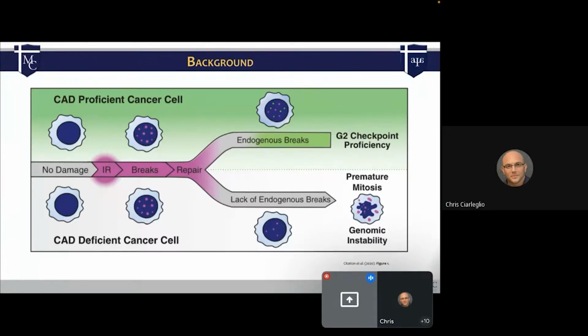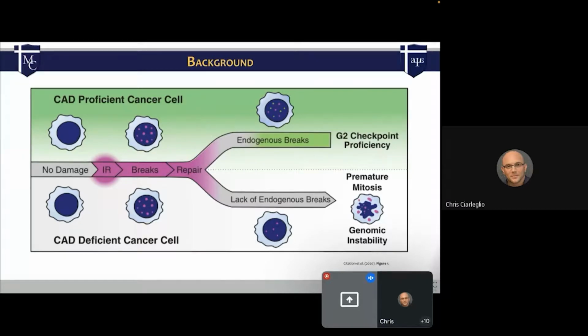So that cancer cell contains a nuclease called CAD, which stands for caspase activated DNase.